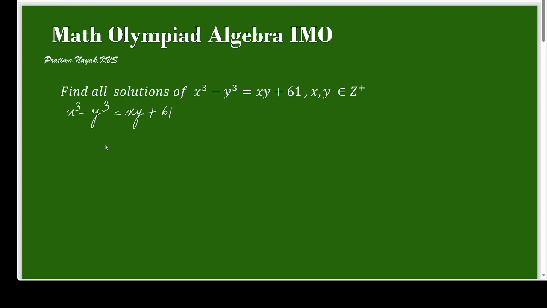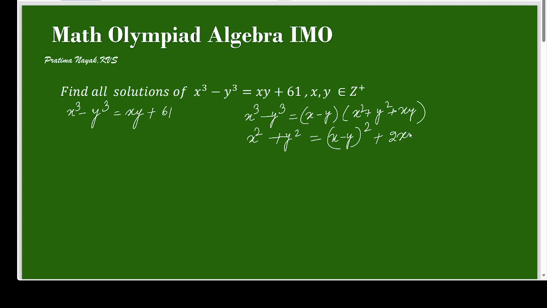So for this, taking the formula for x cube minus y cube, x minus y multiplied by x square plus y square plus x times y. Again, I will replace x square plus y square by x minus y whole square plus 2 times xy.